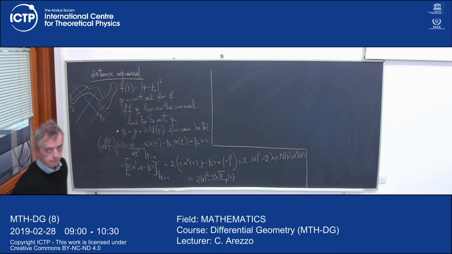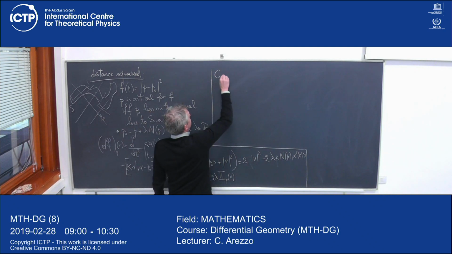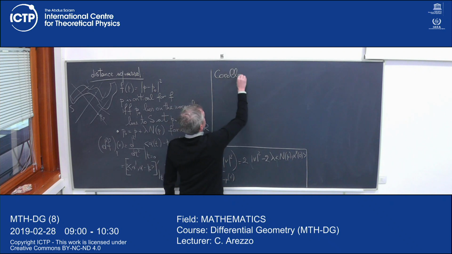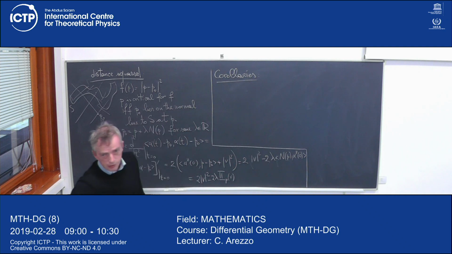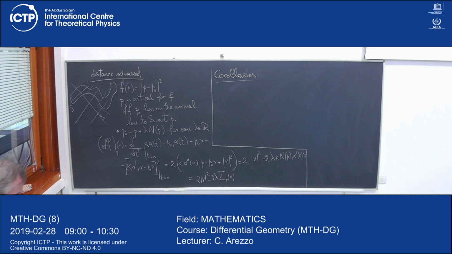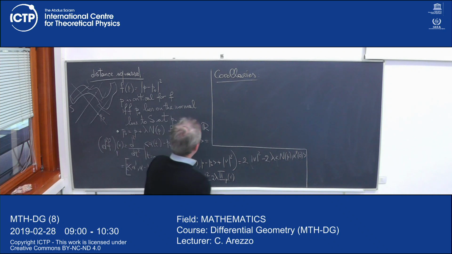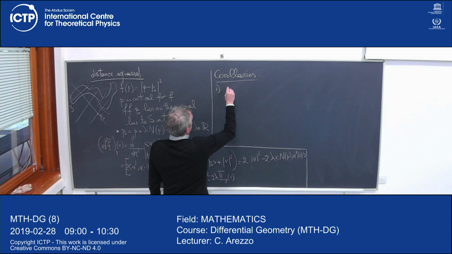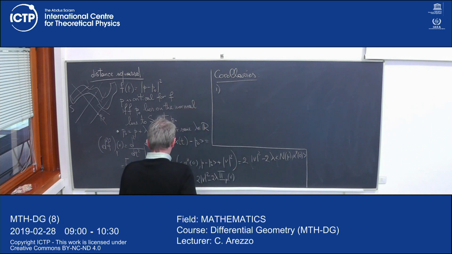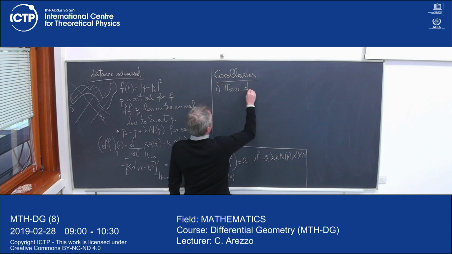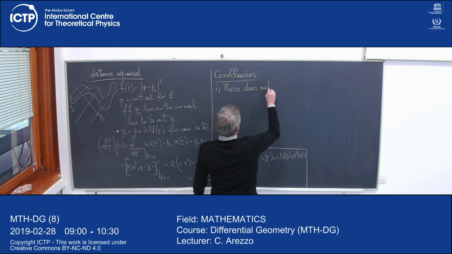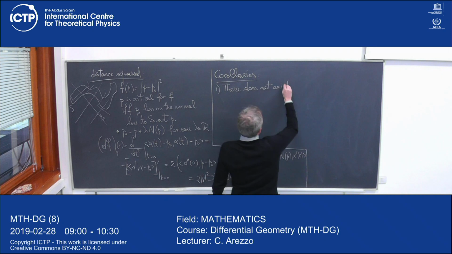Out of this, there are many interesting corollaries out of these computations, again passing through the calculus theorem, okay? So, corollaries. One, there does not exist a compact surface with only hyperbolic points.